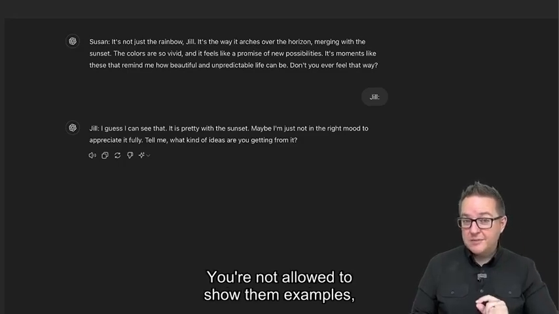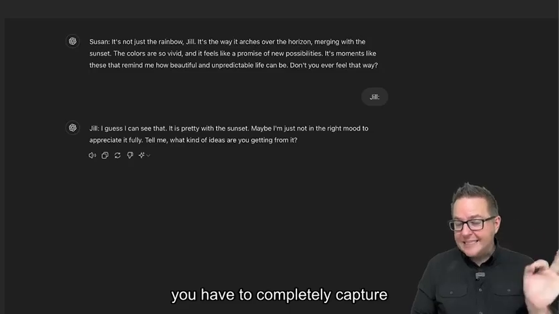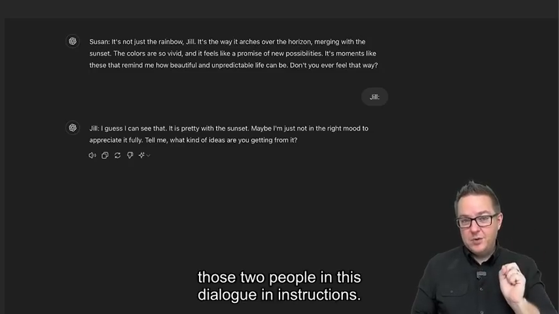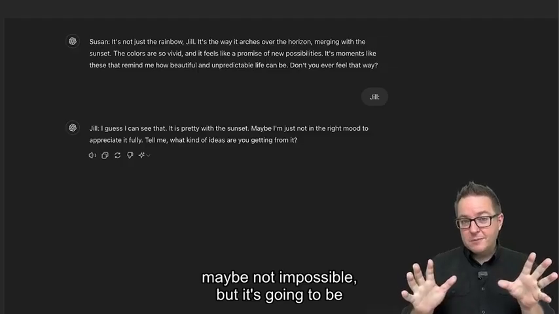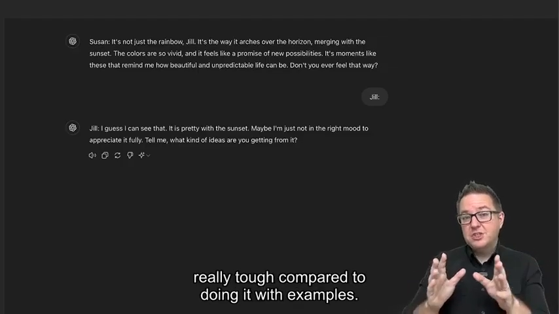You're not allowed to show them examples. You have to completely capture those two people in this dialogue in instructions. It's going to be maybe not impossible, but it's going to be really, really tough compared to doing it with examples.